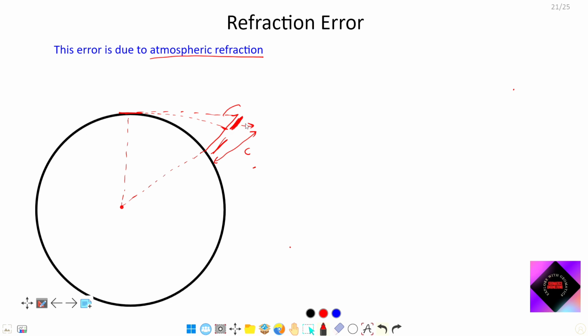So if we are providing curvature correction negative, we will provide refraction correction positive because it is reducing the curvature error. Empirically it has been seen that refraction correction is plus 1 upon 7 times curvature correction.